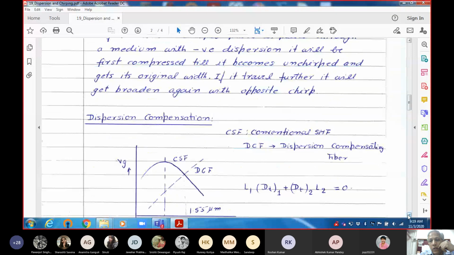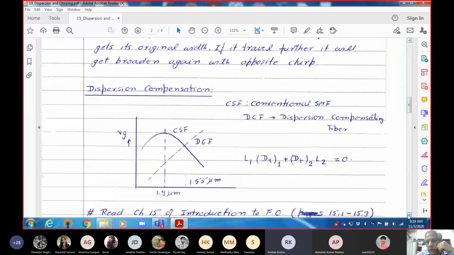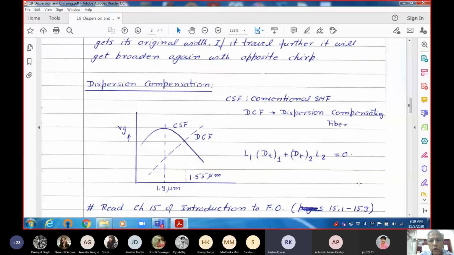So another application is in dispersion compensation. Sir, you said frequency is not changing, but by seeing the figure it looks like it's changing. What is changing? Sir, you said this in the upper paragraph, the theory part.